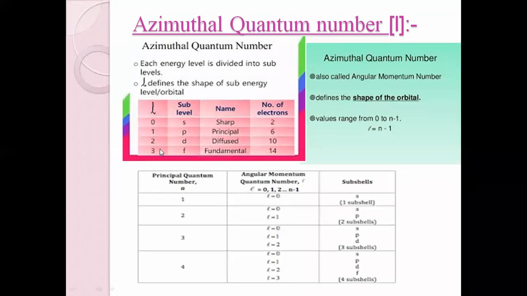When I write this 3, obviously the range of values starts from 0 to n minus 1, so I will have to write L is equal to 0, L is equal to 1, L is equal to 2, and L is equal to 3. So in short, the fourth main shell consists of S, P, D, F subshells.